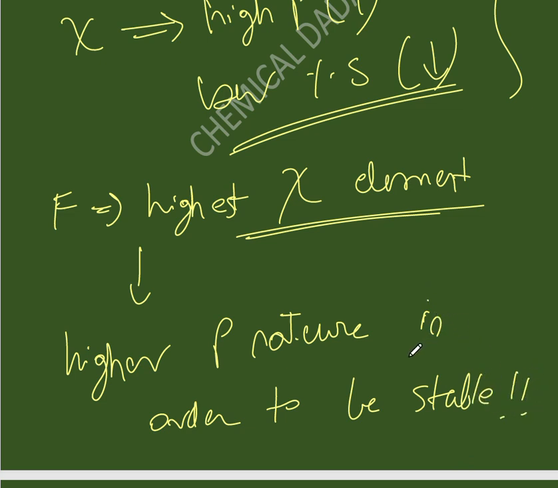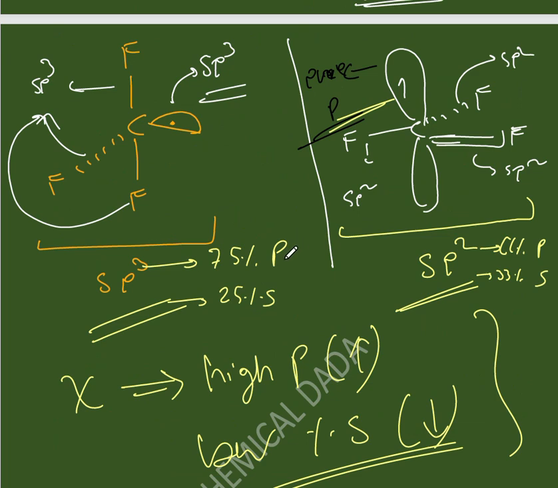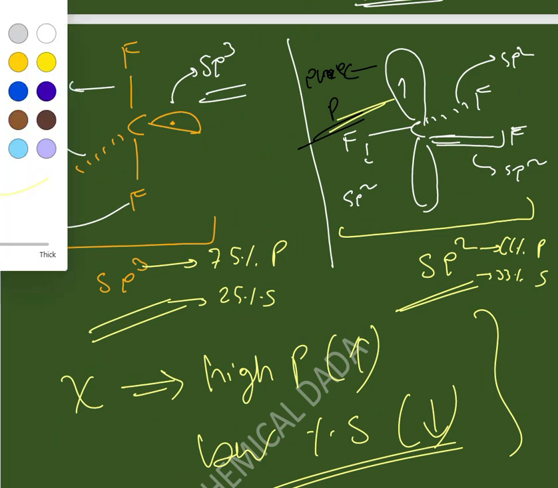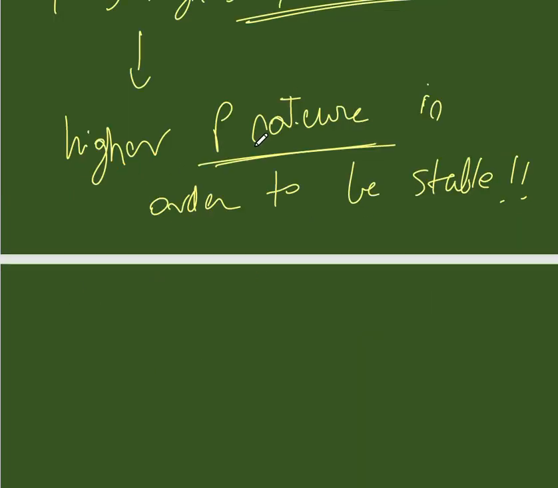Understood? It's already discussed in the previous video. So since fluorine prefers a higher p nature in its bonding orbital, so it will obviously prefer the one with the sp3 hybridization having 75% p. So this is going to be CF3.